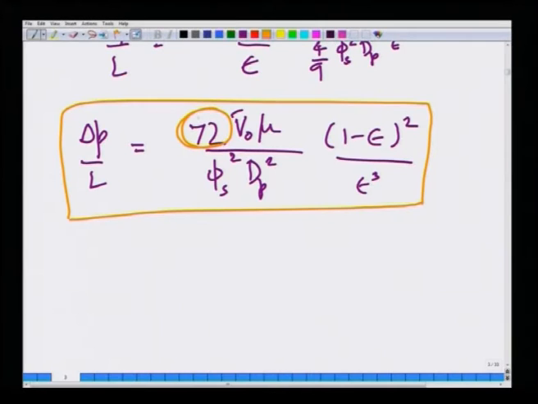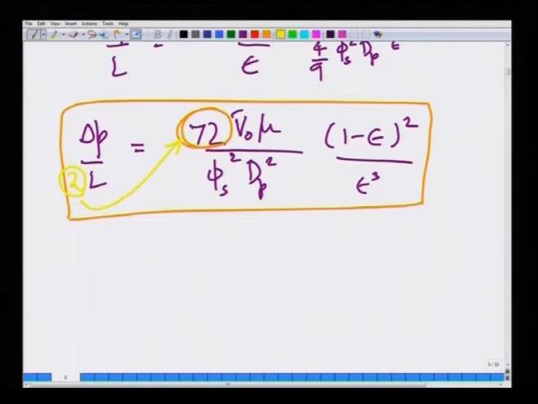So, this factor 72 is not really correct. If you think approximately that the actual length of the tube is 2L, you would expect something around 140 or 144, and in reality that is what happens.